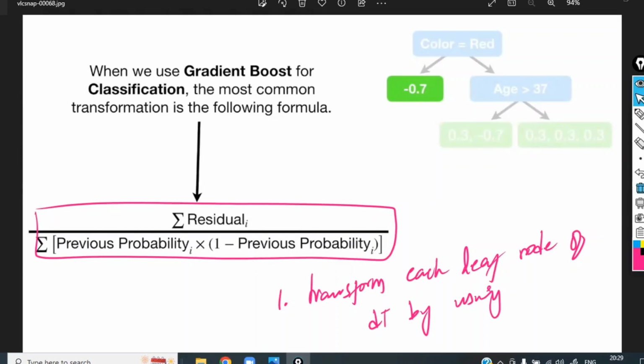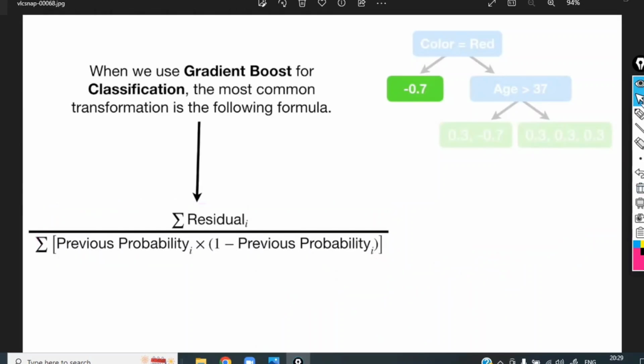Done? Now, once this is calculated, we calculate for this one. For minus 0.7, already you have written the initial value. For that record, what is the previous probability? 0.7 only, right? For every record, 0.7 is the initial probability.